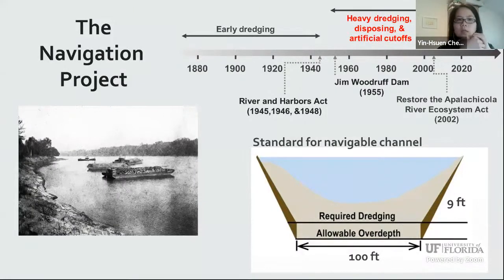One of these historical photos shows a barge boat on the Apalachicola River. And here is a profile showing how the Corps decided to make sure the channel was more than nine feet deep and 100 feet wide, so the cargo boats could go through the entire river safely.